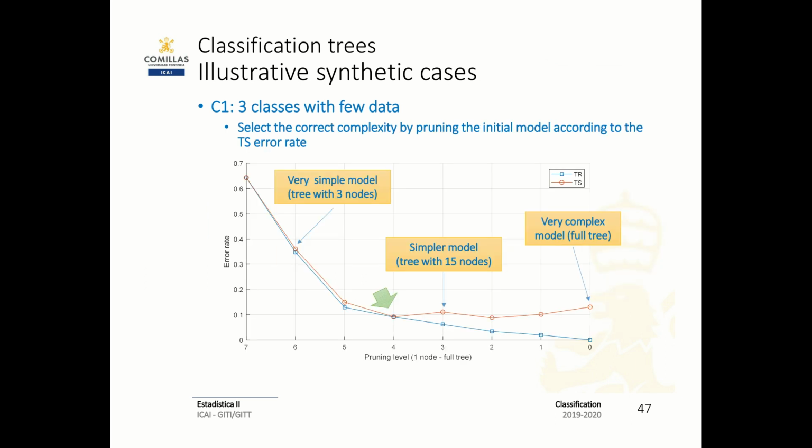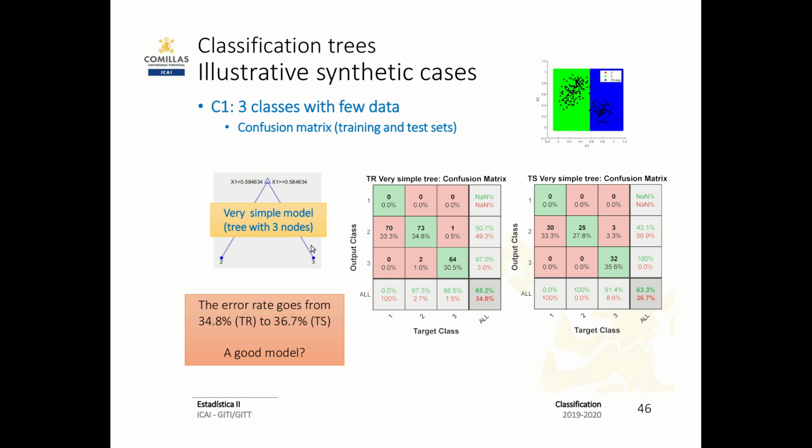Okay, so what we have learned is that depending on the pruning level, we have different classification errors. This was no classification at all. This is the only one split that we saw just here.